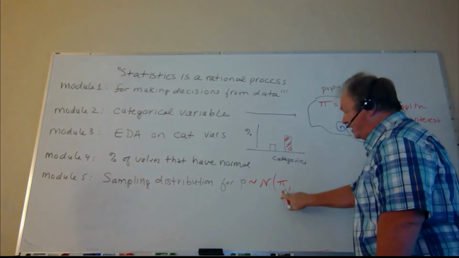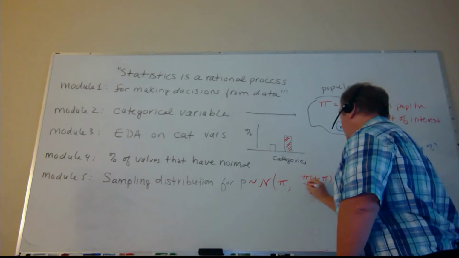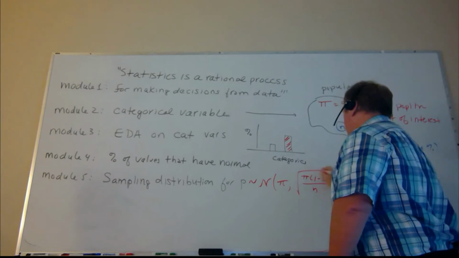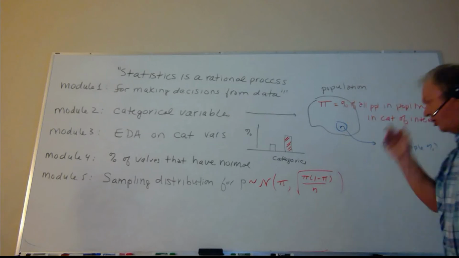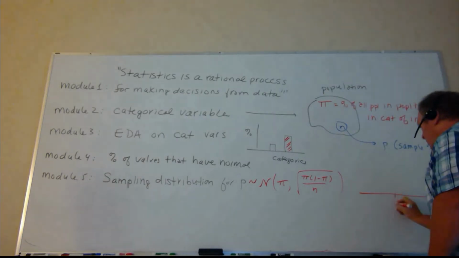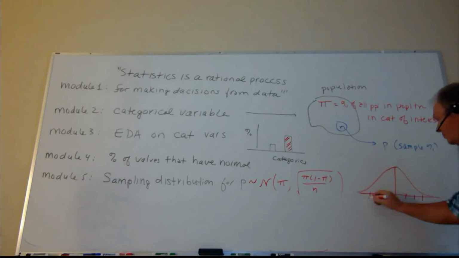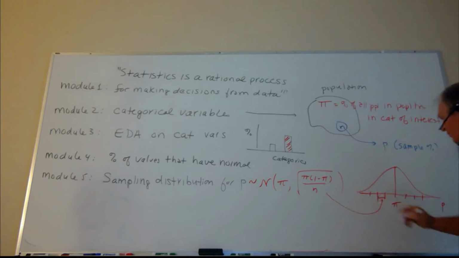This was their mean, and the standard deviation was given by this, sometimes called the standard error. And this was our picture. This length here corresponded to a standard deviation.